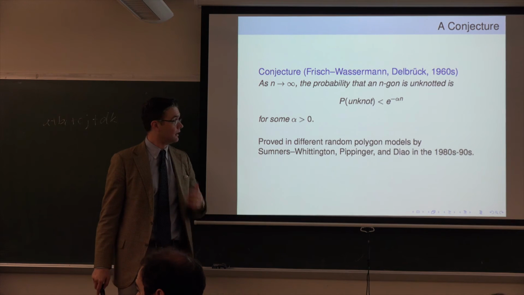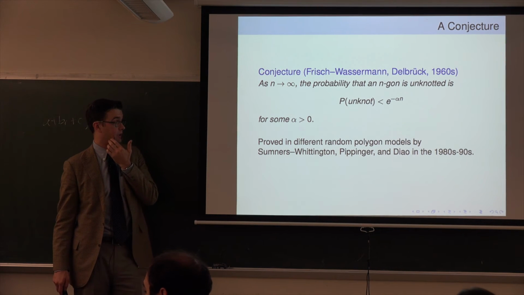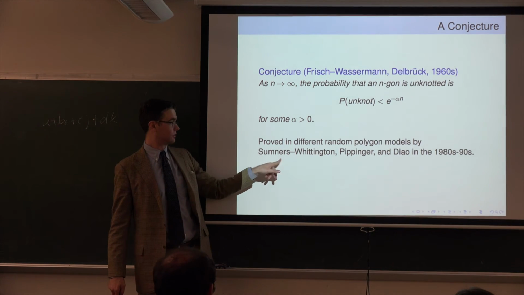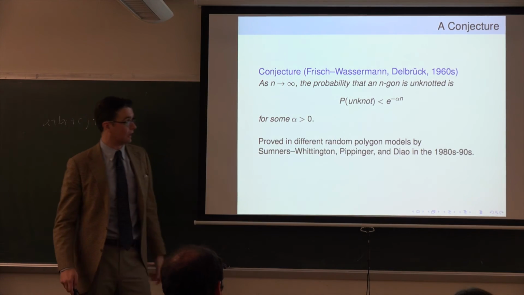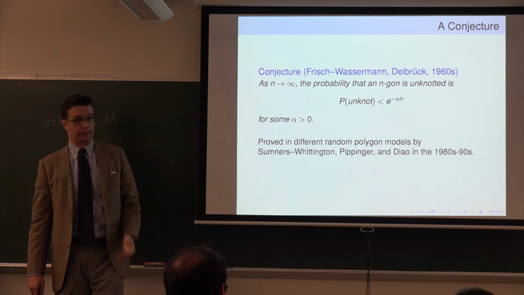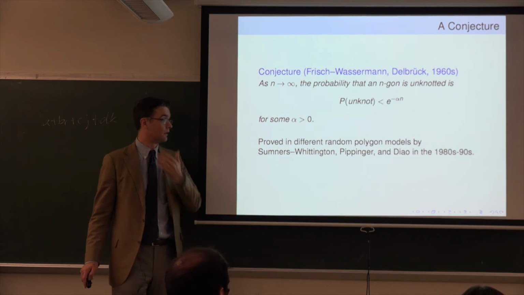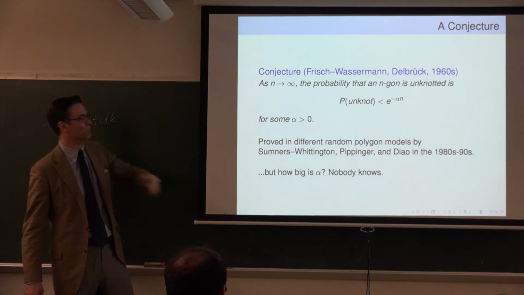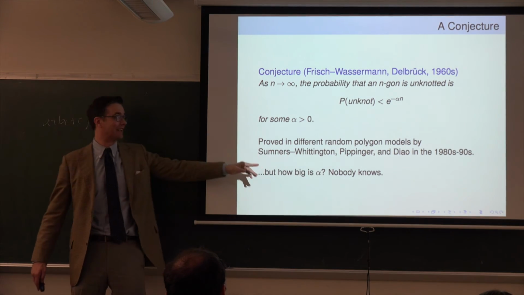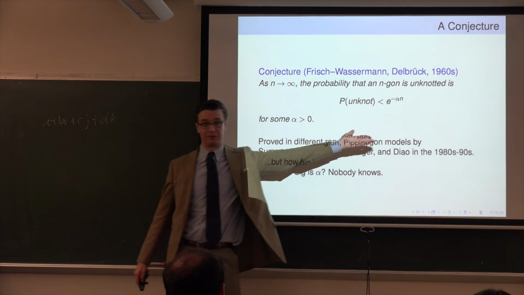This has been proved in various models by Stu Whittington, De Witt Sumners, Pippenger, and Diao in the late 80s and early 90s. Of course, the problem is there are no useful estimates or bounds on what this alpha should be.